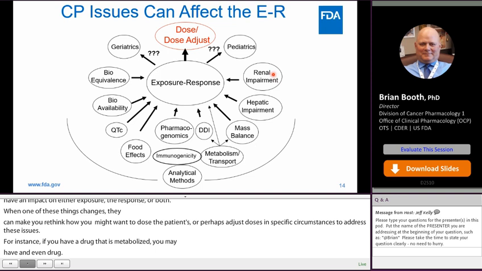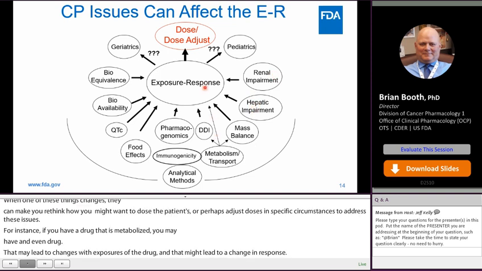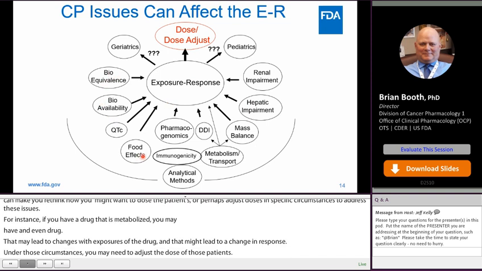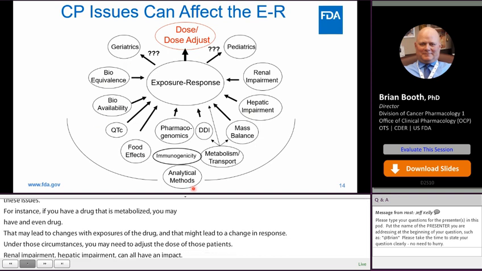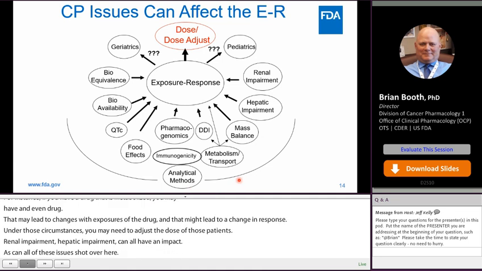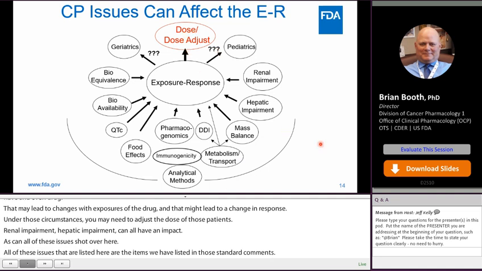Similarly, renal impairment, hepatic impairment, these can all have an impact on this exposure response, as can many of these other issues shown over here. All of these issues that are listed here are the items that we have listed in those standard comments to prompt you to think about how these might interact with the exposure response for your drug and what you might need to do about adjusting the doses for those particular patients.